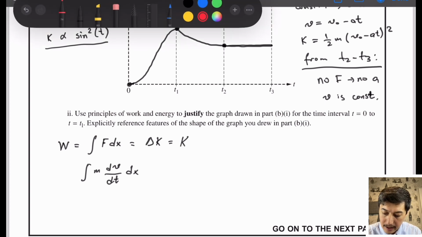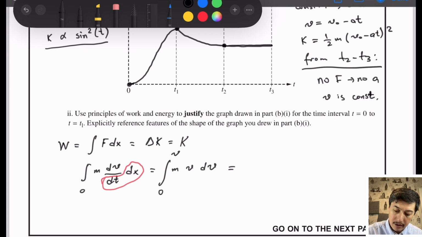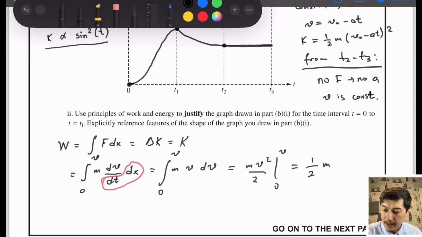From here we can see delta x over delta t, which we know as the speed. So it's going to be m v delta v. So it's going to be from 0, let's say we are reaching speed of v. So it's going to be m v squared over 2 from 0 to v. So it's going to be half m v squared, which we know as the kinetic energy equation.